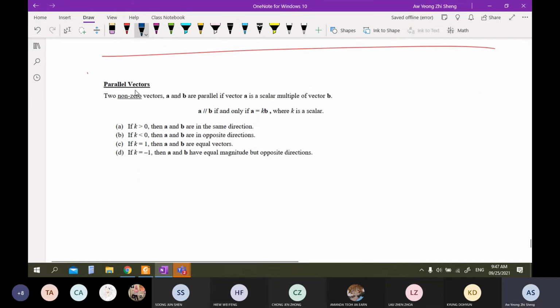Okay, so when we talk about parallel vectors, we will always involve non-zero vectors, because it is meaningless to talk about direction when you have zero vectors.